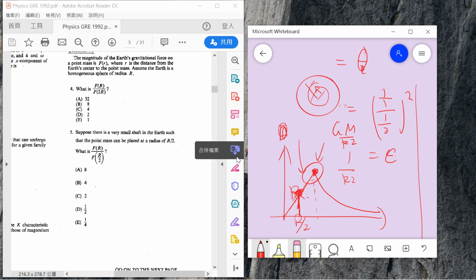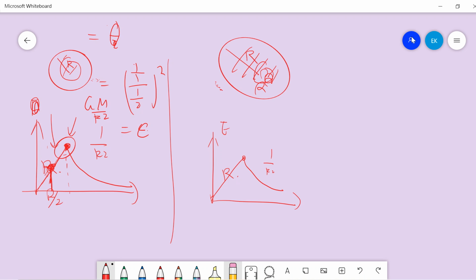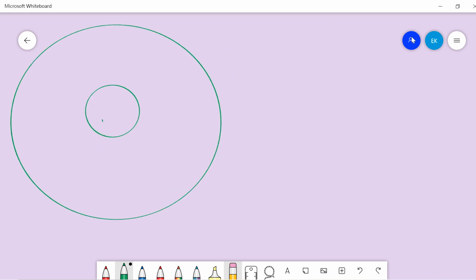And how can you derive this? Basically, you can use Gauss's law for the gravitational force. Let me derive it for you. Suppose you are at radius R. You can show that your gravitational force is controlled by the sphere inside.